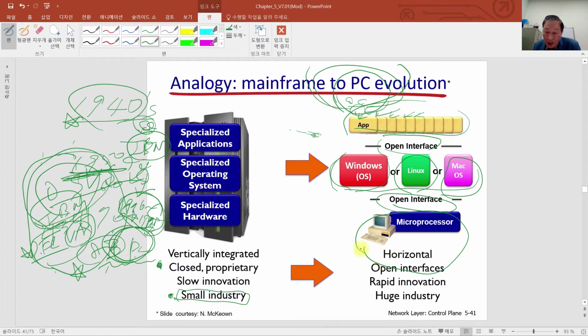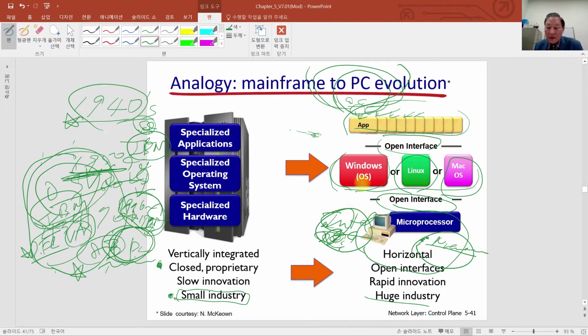And also CPU hardware: horizontal open interface, rapid innovation, huge industry. And think about Intel, and think about memory companies like Samsung or SK Hynix. They are independently growing rapidly because of this scheme.